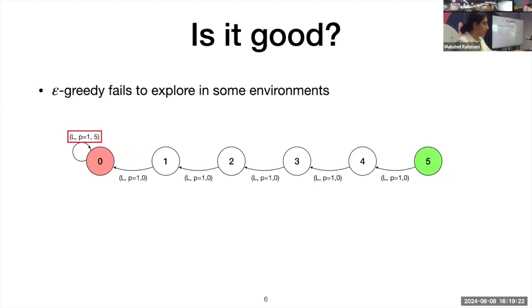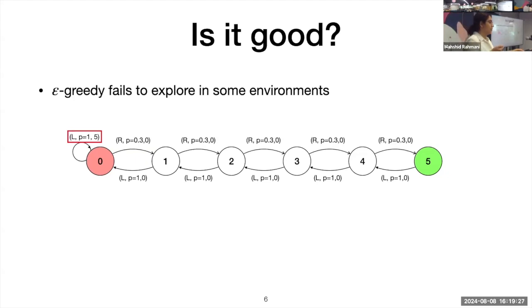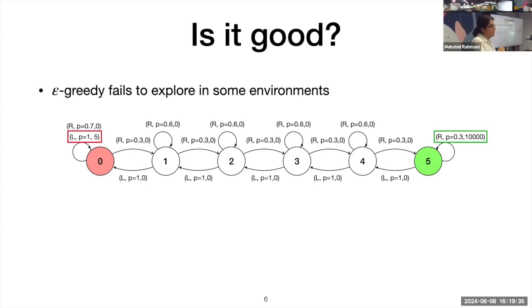But if you choose action right, there's only a 30% chance that you would advance. There's a 60% chance that you would stay in the same state. And if it happens in state 5, you would get a reward of 10,000, which is the main reward that we want. And there's a 10% chance that you would go backwards.